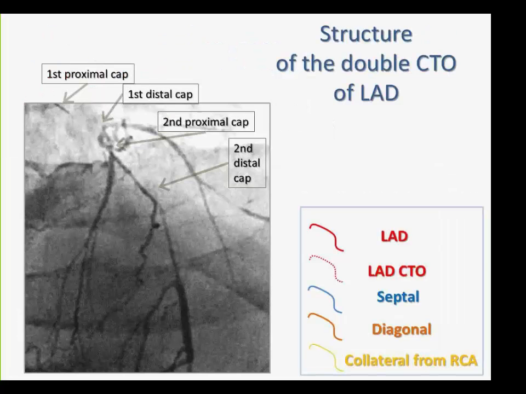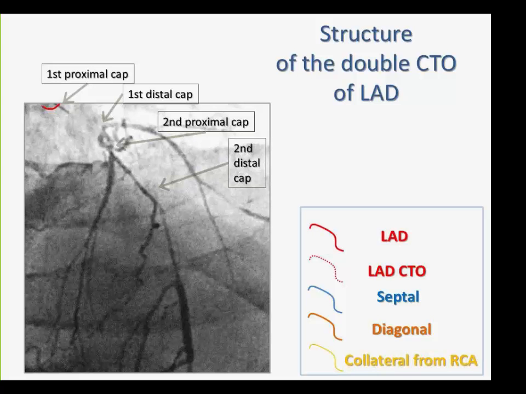And during the procedure, when preparing the reference images, I realized that the occlusion is not a single occlusion, but there is a double occlusion of the proximal and the mid LAD. So I prepared a small animation to better understand the structure of this anatomy.